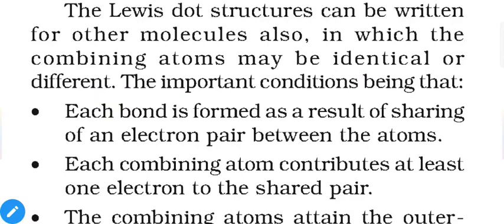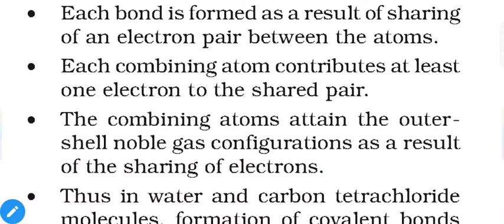This type of Lewis dot structure can be represented for other elements or molecules as well, in which the combining atoms may be identical or different. The important conditions are that each bond is formed as a result of sharing of an electron pair between the atoms. Each combining atom contributes at least one electron to the shared pair.